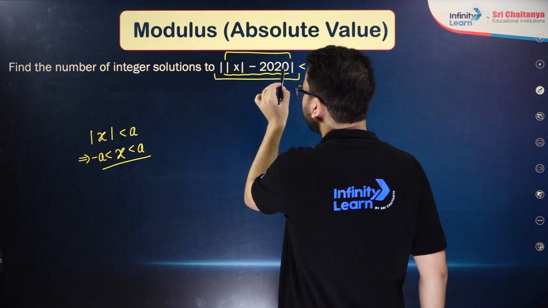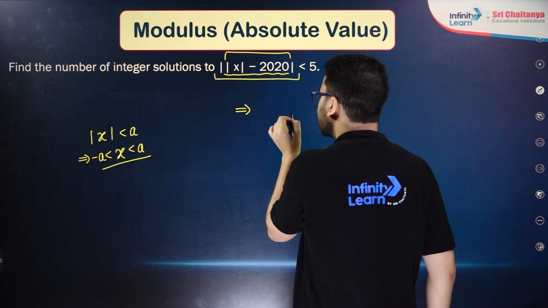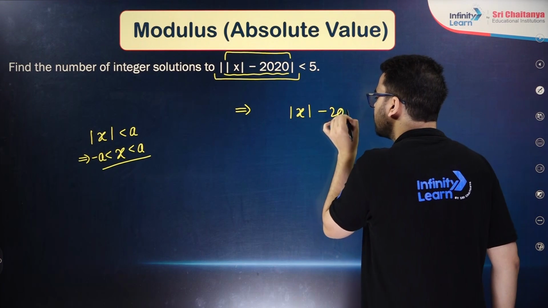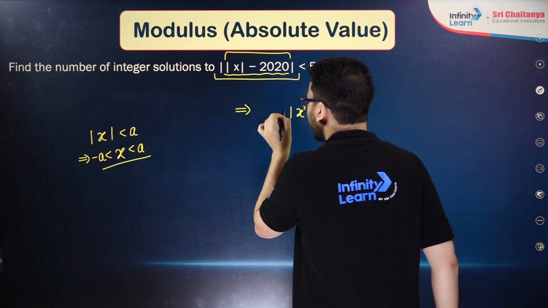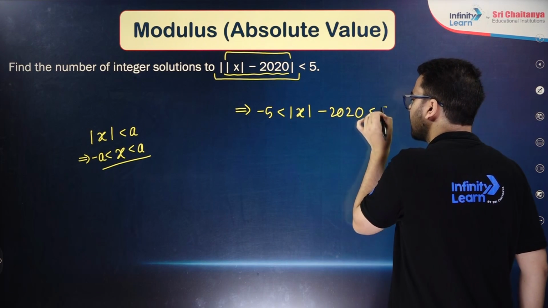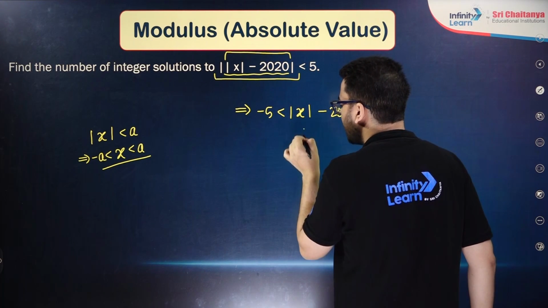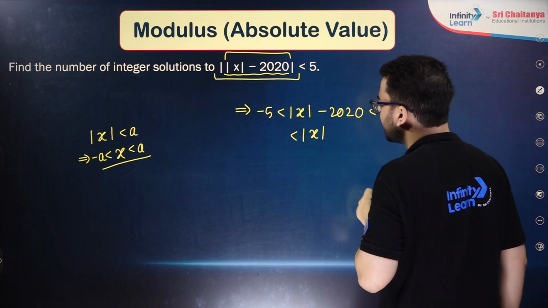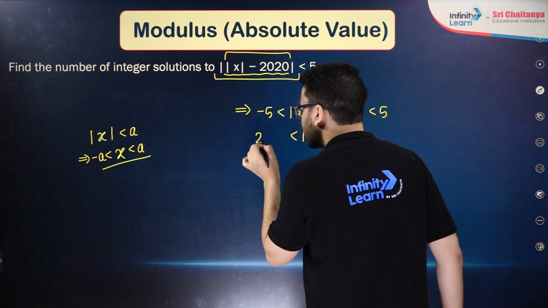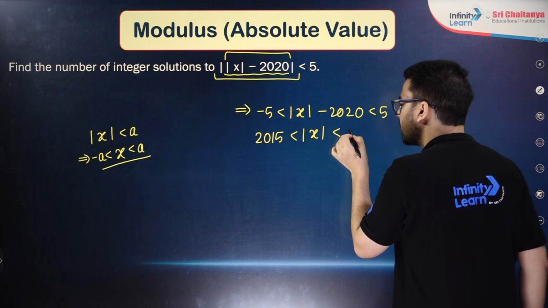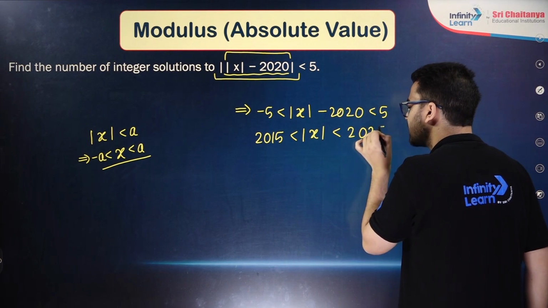So whatever is there inside the modulus, can't we say that modulus of x minus 2020 is greater than minus 5 and less than 5? Correct, that's direct. So from here, x is greater than, it will go over there, you'll get 2015, and it is less than, it will go over there, 2025. That's it.